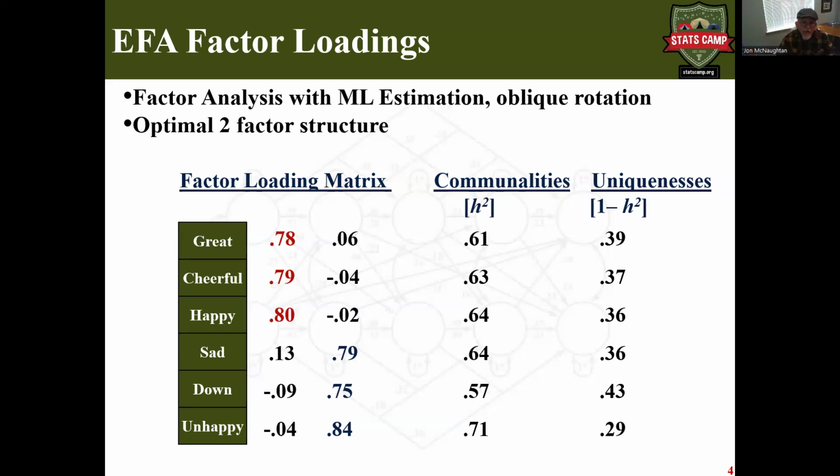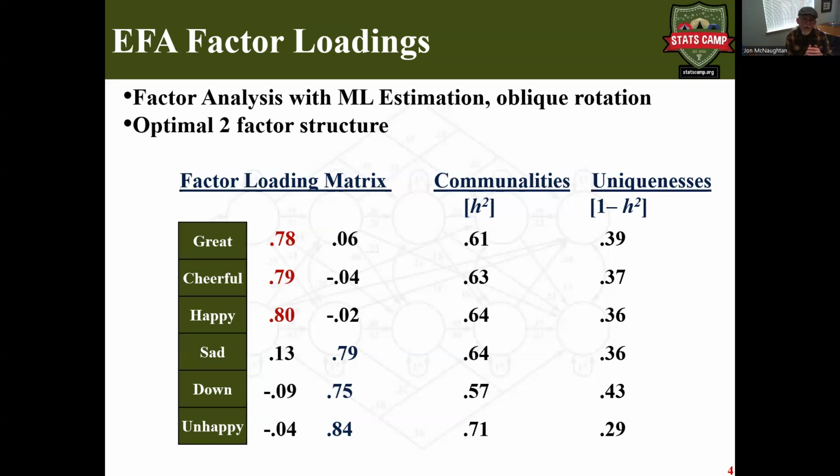Now, this is after I've done a rotation, right? So in factor analysis, you get the loadings, but then you want to take the information, and the computer does this for you. Basically, we'll rotate those 2 factors so that they minimize the cross loadings onto the other factors.